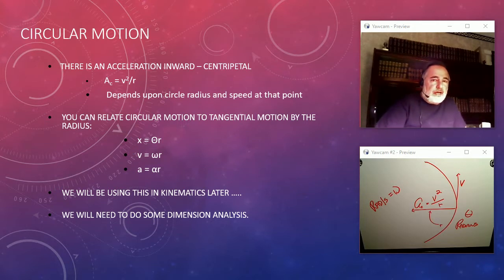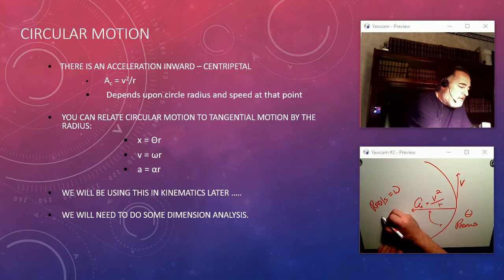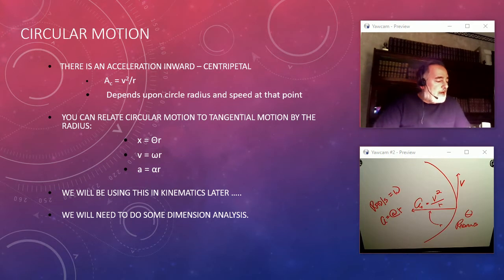Angular acceleration would be acceleration divided by r, or in this case, tangential acceleration I'm going to define as an alpha times r.